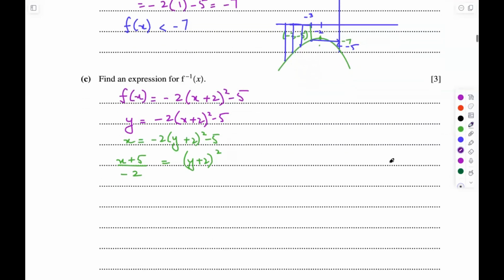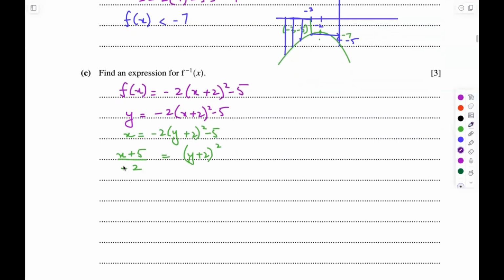Now taking the square root, we can write the negative sign in the numerator. So this can be written as (minus x minus 5) upon 2, and taking the square root to get rid of the square on the right hand side, this will become the square root of (negative x minus 5) upon 2 equals y plus 2.